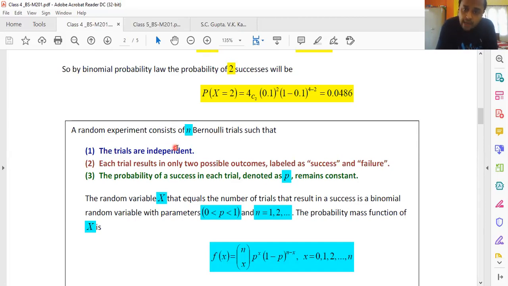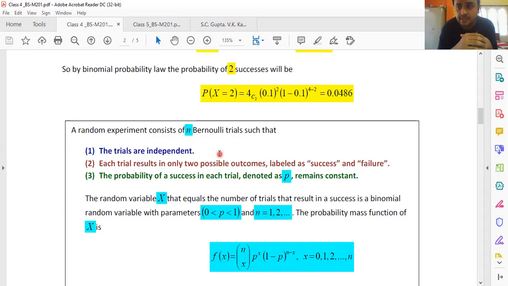So I have highlighted this point that all these Bernoulli trials are independent of one another. And in each trial, we are getting two different types of outcomes. Either these outcomes are error prone or they are error free. So we can call one such outcome a failure and another outcome a success.